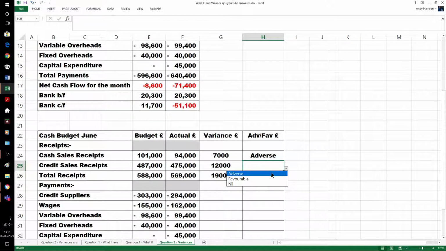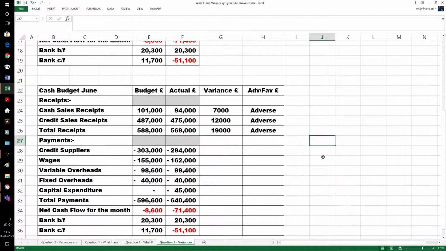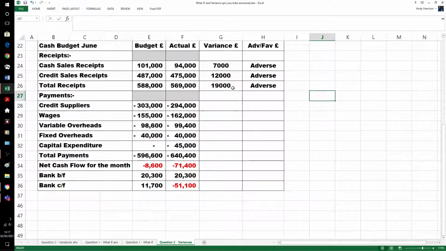Also bad, and very bad. So we've had £19,000 less in receipts, and we know it's both cash and credit sales. As a percentage, cash has been hit more than credit sales. So same formula, because we've used the abs, we don't have to worry about doing it the other way around to show pluses and minuses.